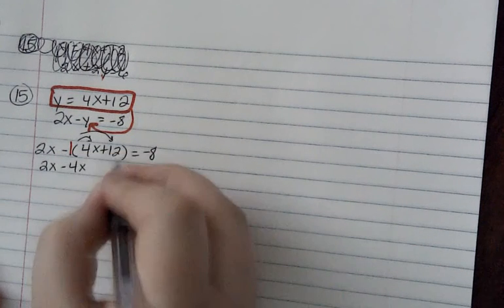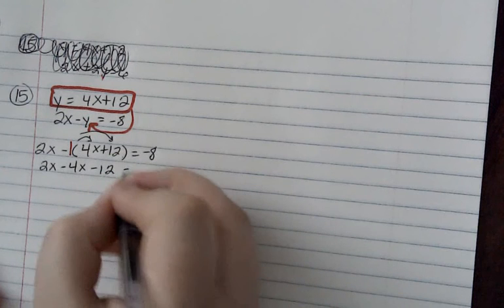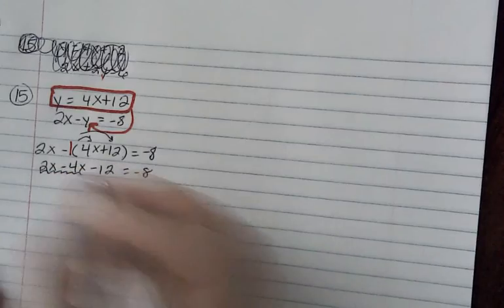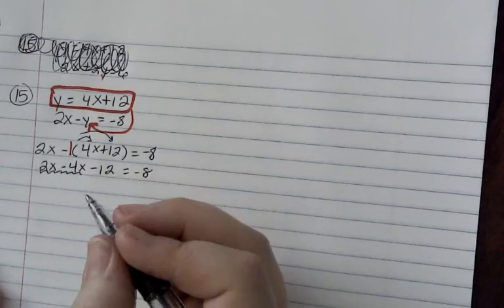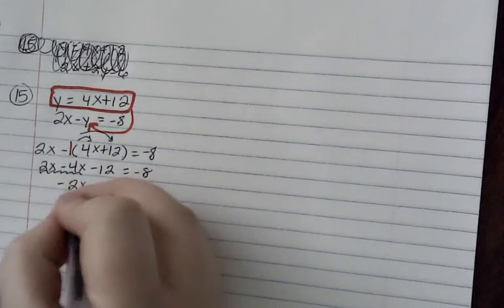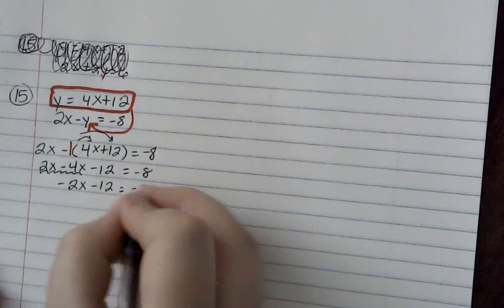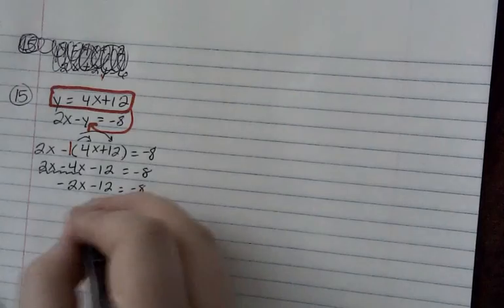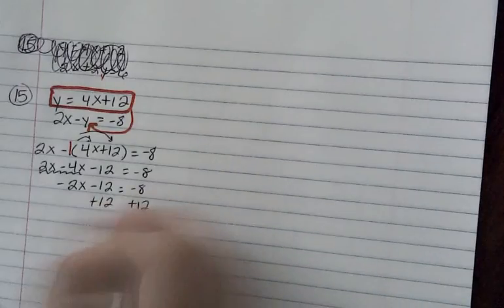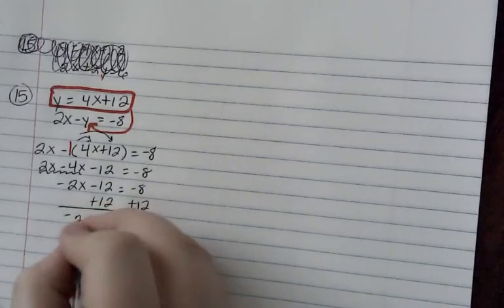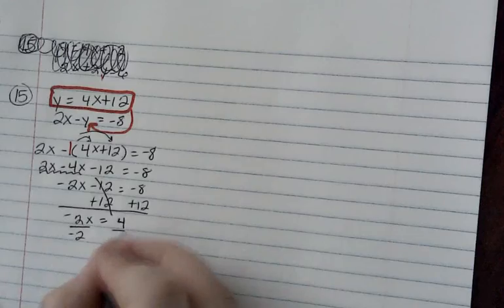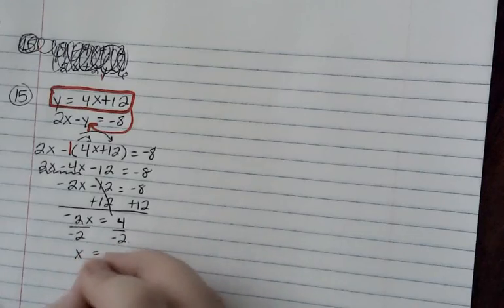Negative 1 times 12 is negative 12. Now I'm going to combine my like terms. 2x minus 4x is negative 2x. Bring down your negative 12 and your negative 8. Add 12 to each side to get negative 2x equals 4. And then divide both sides by negative 2 to get x equals negative 2.